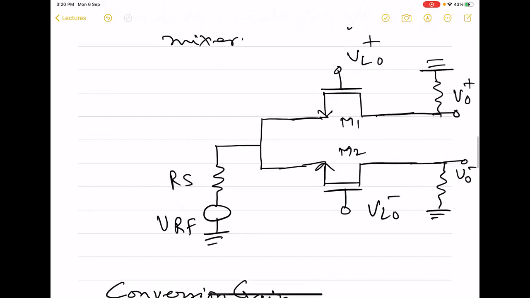So in this circuit, M1 is going to be a closed switch, M2 is going to be off, and then we will have to include the gate to source, gate to drain capacitors here, and then try to find out what is this VO plus and VO minus because of this RF.